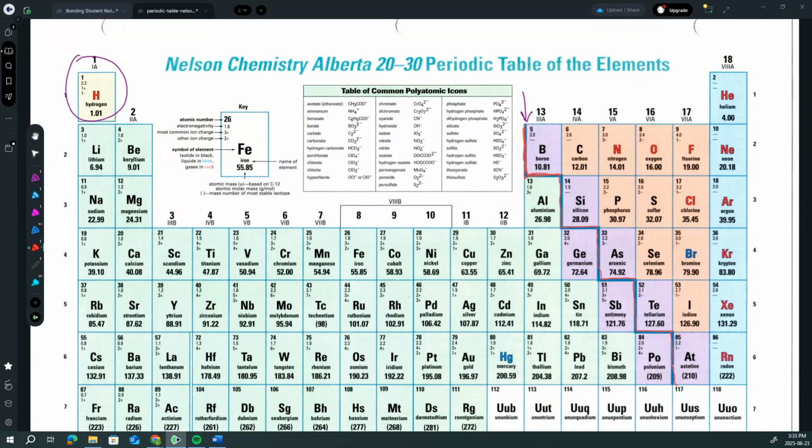So this staircase separates your metals, which are on the left-hand side of the staircase. The only exception being hydrogen.